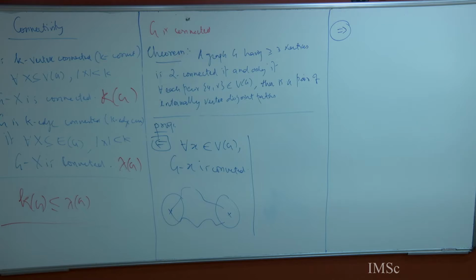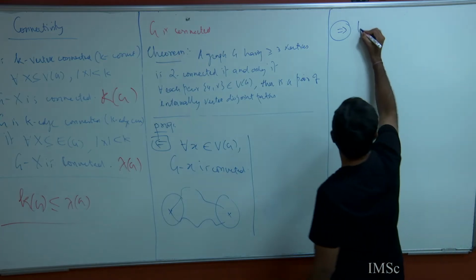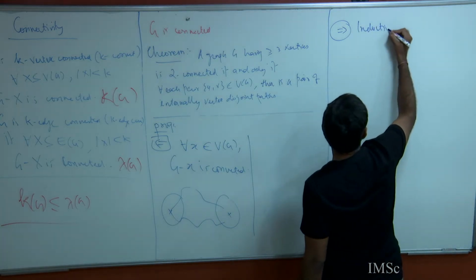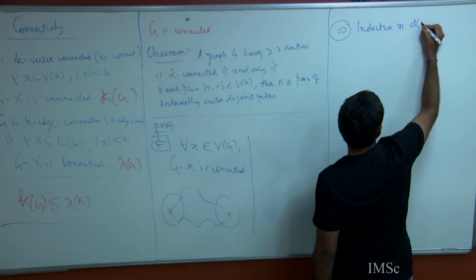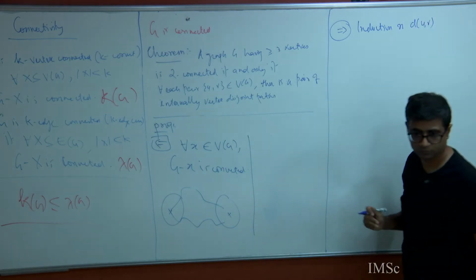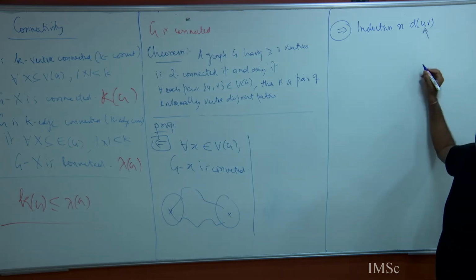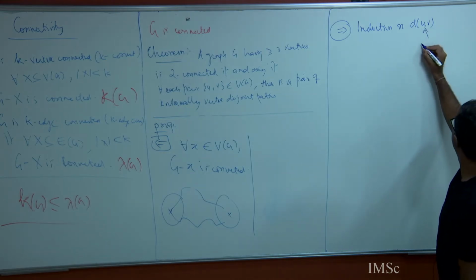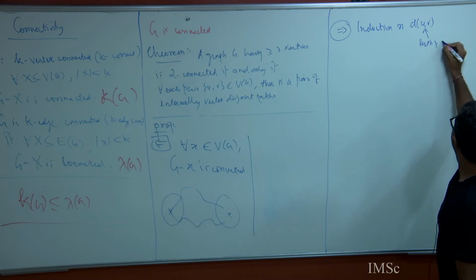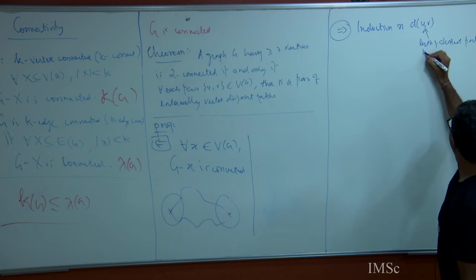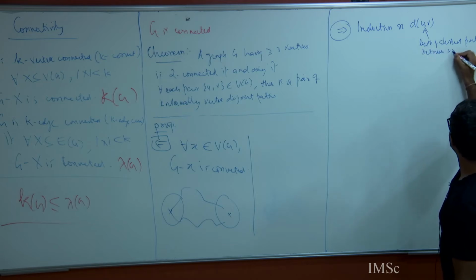So this is going to be an induction on d(u,v). What is d(u,v)? It's the length of the shortest path between u and v.